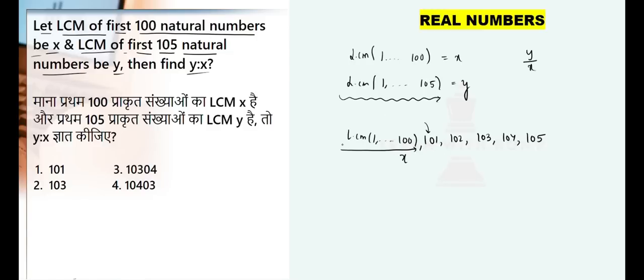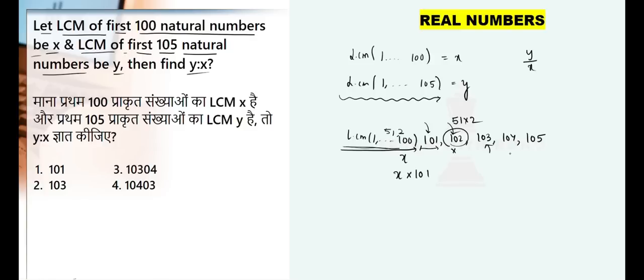So the LCM of 1 to 100 plus 101 is x multiplied with 101. Now, see 102. 102 is nothing but 51 times 2, right? So in the LCM of 1 to 100 you will get the numbers 51 and also 2. So 102 is already included, and there is no need to include 102.